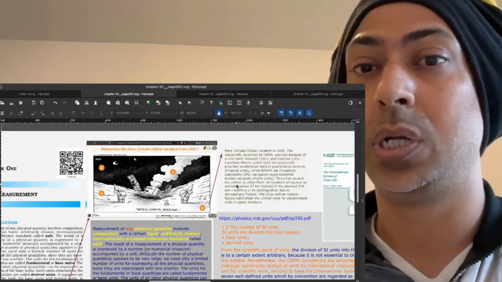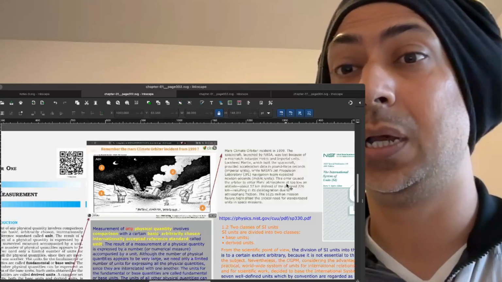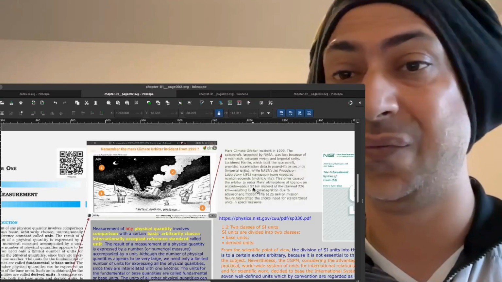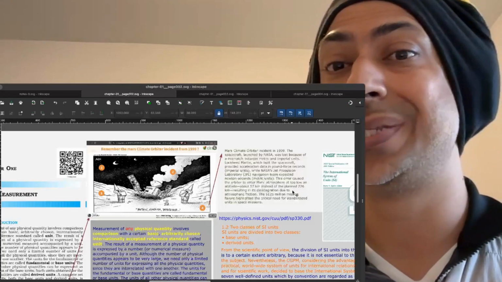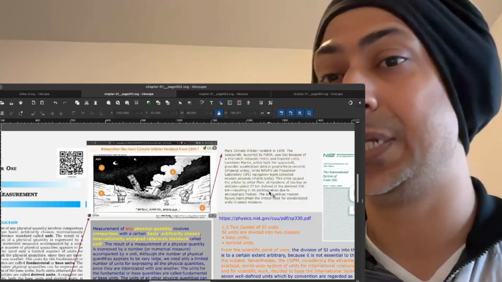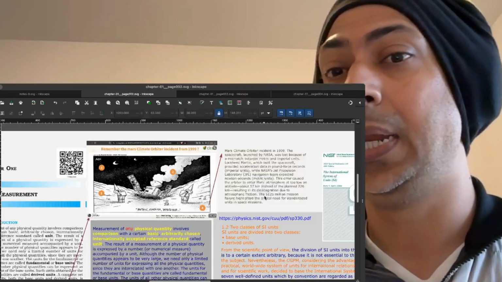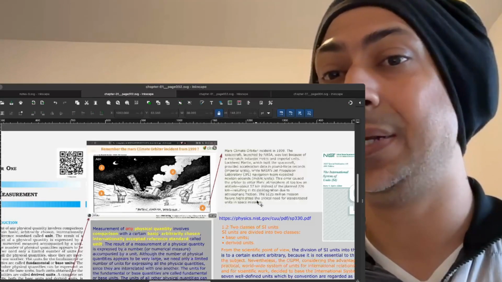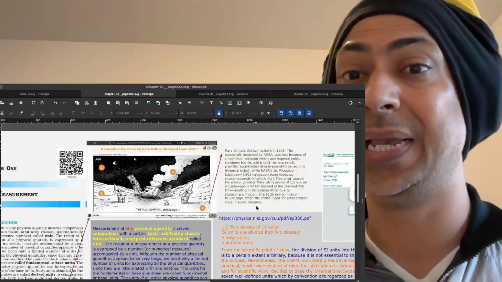This error caused the orbiter to enter Mars's atmosphere at too low an altitude, about 57 kilometers, instead of the planned 226 kilometers, resulting in its disintegration due to atmospheric friction. The $125 million mission failure highlighted the critical need for standardized units in space missions.